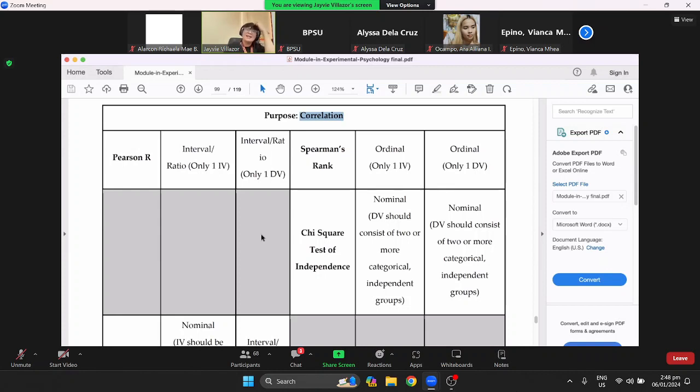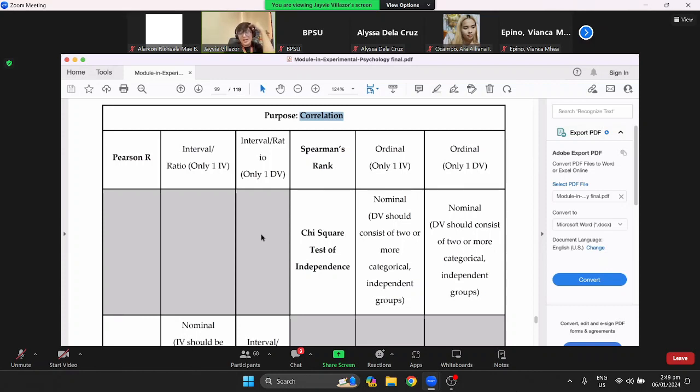What if ang nangyari is non-parametric, your data is not normally distributed and your participants, let's say, are just 20. Okay? At ang iyong scales of measurement ay ordinal. Okay? And your purpose is correlation, ang gagamitin mo ay Spearman rank test.